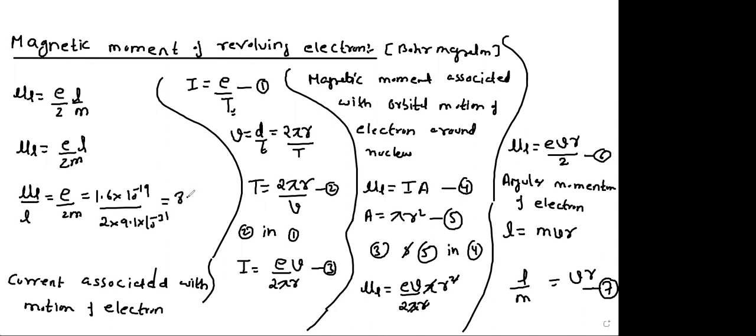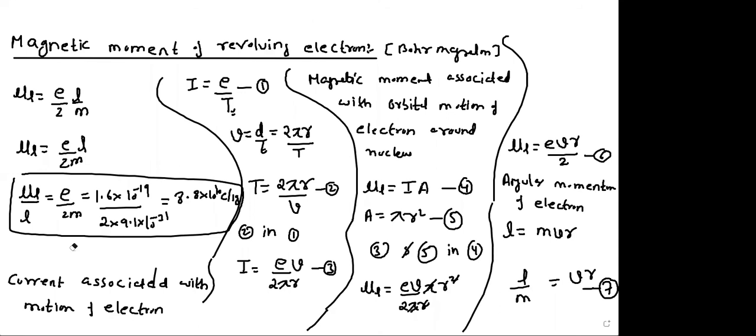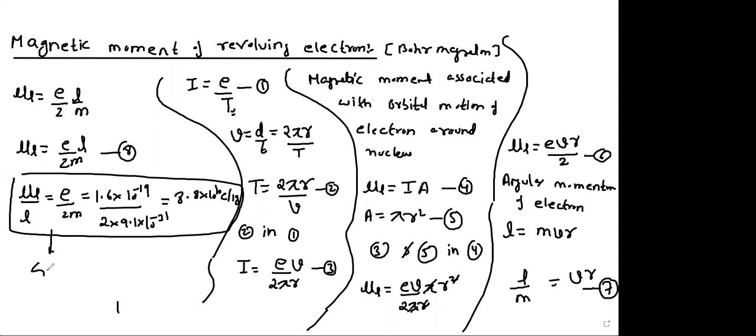If you solve it, you will get 8.8 into 10 raised to the power 10 coulomb per kg. So this ratio of mu L by L is known as the gyromagnetic ratio. This is equation number 8. It's like a charge by mass ratio.